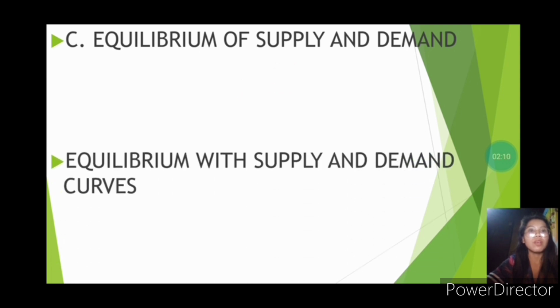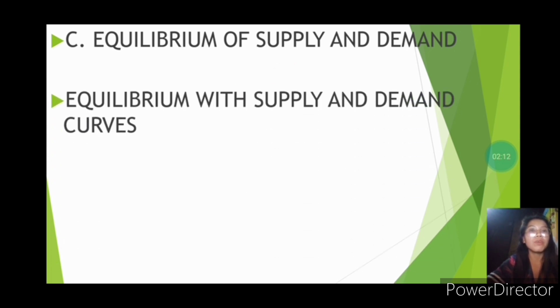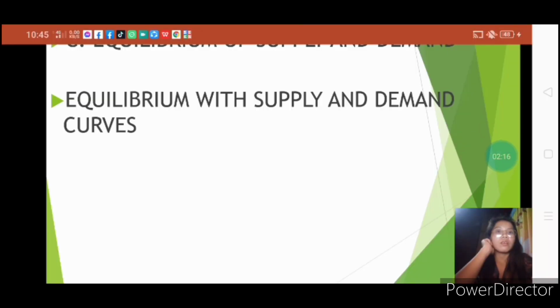So next is the equilibrium with supply and demand curves. The equilibrium price and quantity come where the amount willingly supplied equals the amount willingly demanded. In a competitive market, this equilibrium is found at the intersection of the supply and demand curves.